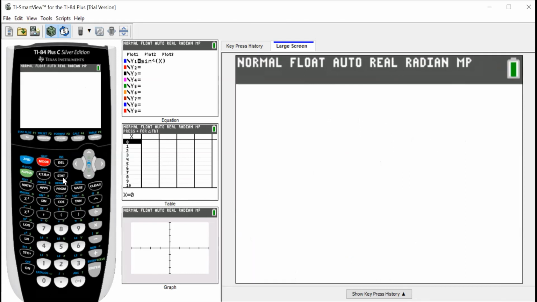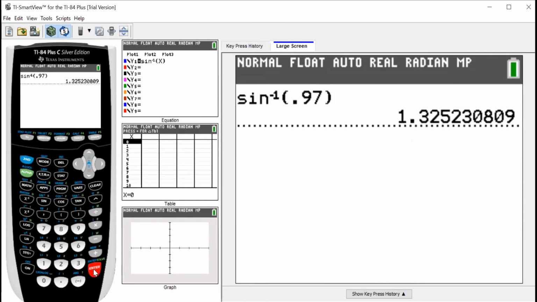Okay, and then we're going to do the inverse sine of 0.97. So to do that, I hit the second button, and then you'll notice right above sine, you should see an inverse sine button. So we'll hit that. It gives us the inverse sine. We'll put in that ratio, which is 0.97. Press enter, and there we get the angle where the sine ratio is equal to 0.97.